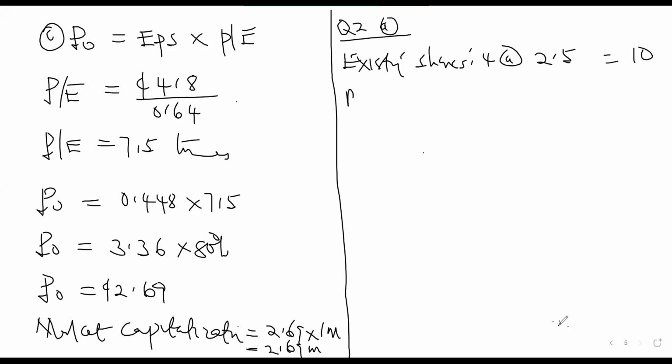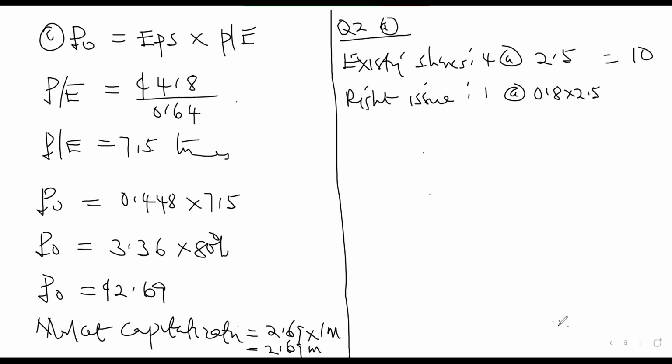So the rights issue price will give us what? Would that be 0.8 multiplied by 2.5? Let me do 1 first and calculate that one. So it will be 1 at 0.8 multiplied by 2.5.